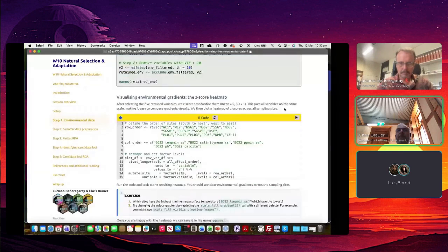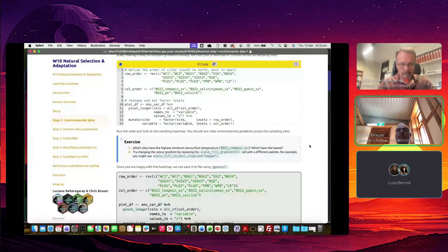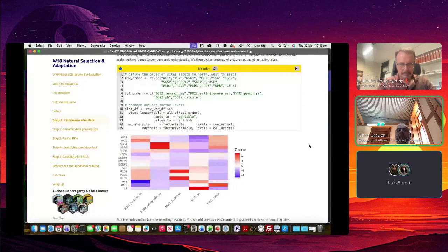I spoke briefly before about standardizing your variables, in this case with z-scores. We can run a quick bit of code here, taking that data frame of raw environmental data for each site and converting it to z-scores, then plotting a heat map.